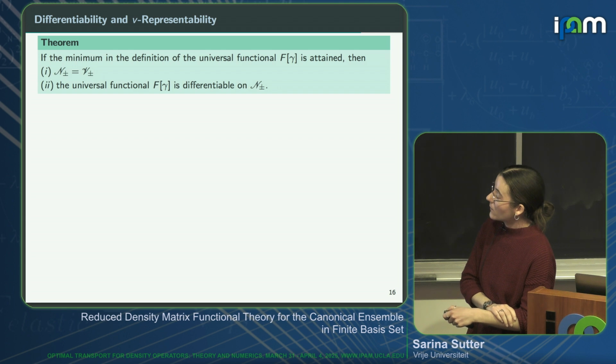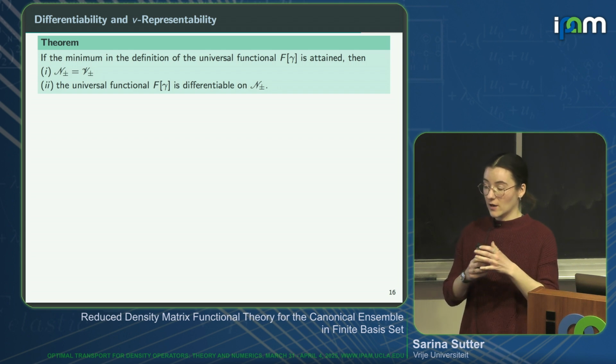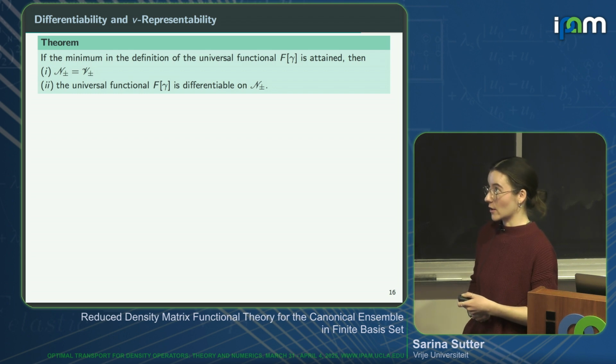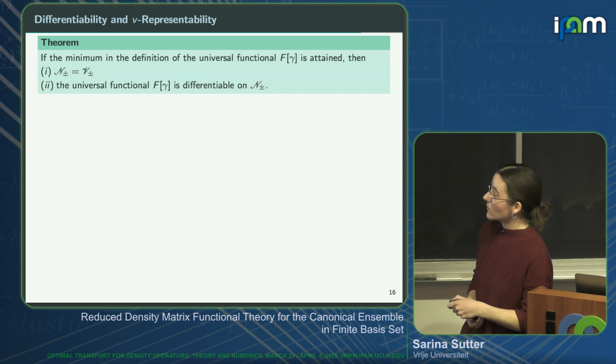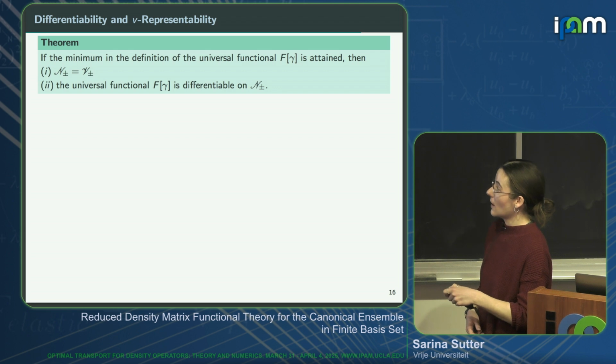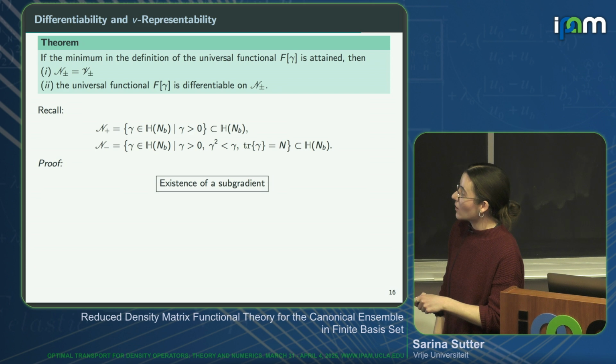Then the set of v-representable 1-RDMs is the same as the set of 1-RDMs where we have non-zero occupation numbers, and in the fermionic case, additionally, the occupation numbers are not equal to 1. And we also have that the universal functional is differentiable for all elements in this set. So here I just have a small reminder of this set.